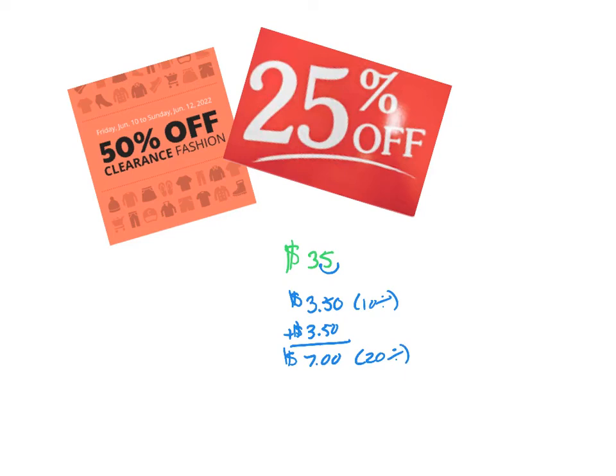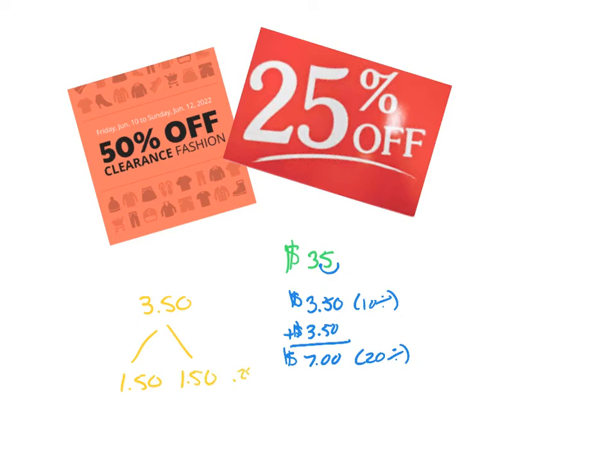So I'm almost there. Then I have to do half of 3.50. To get half of 3.50, I'm going to split that two ways. I've got 1.50 and 1.50, that's 3.